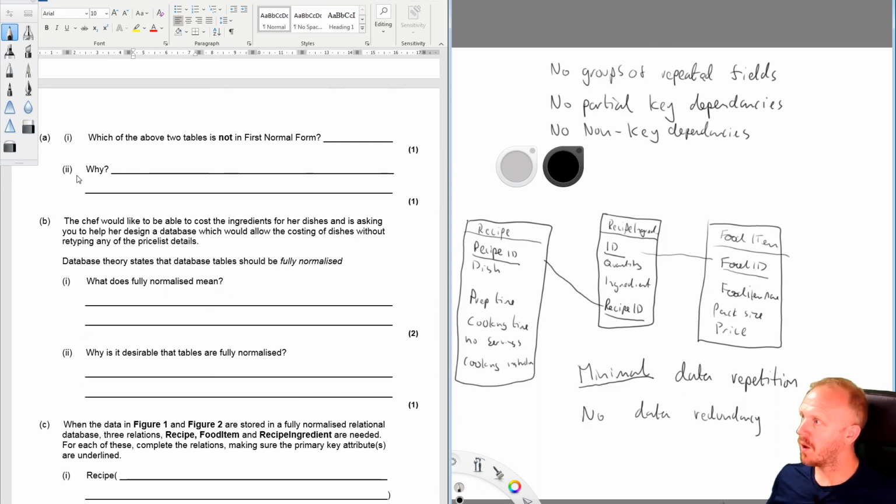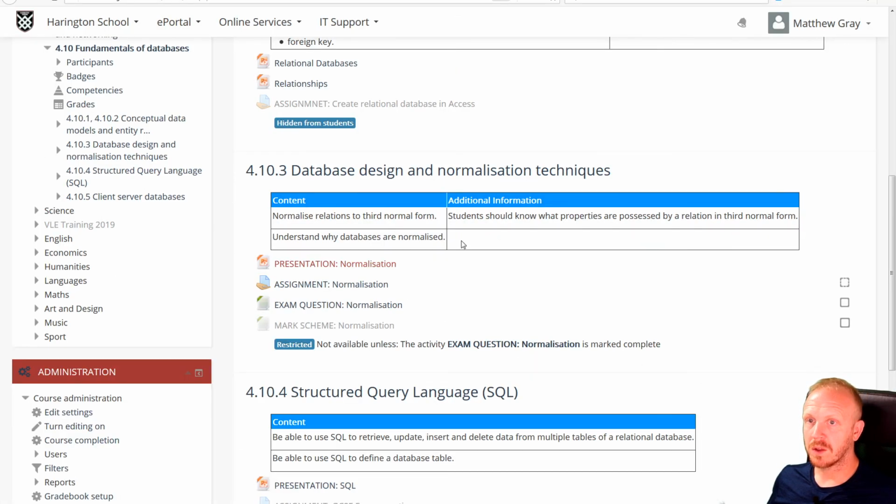Okay, right, so just to wrap this up, this is what it says you have to do in the specification. Normalize relations to third normal form. Students should know what properties are possessed by a relation in third normal form.